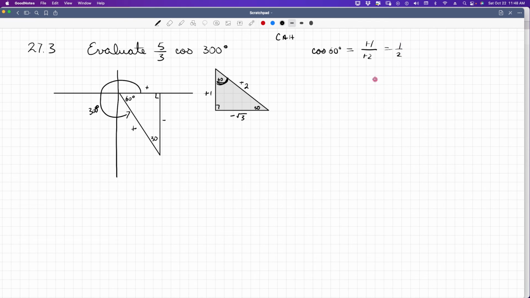Okay, so now we can do this. 5/3 of the cosine of 300 degrees is equal to 5/3 of 1/2, and it's both positive, so that's going to be equal to 5/6. And that is our final answer.